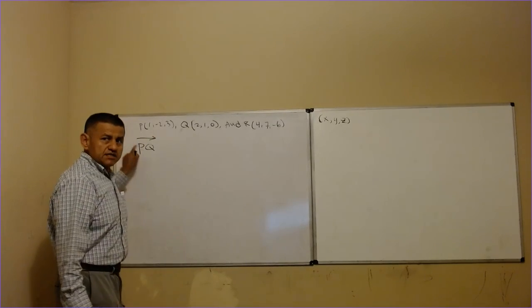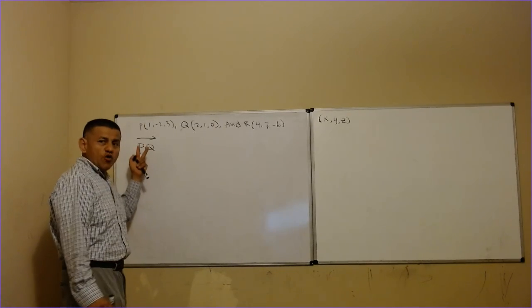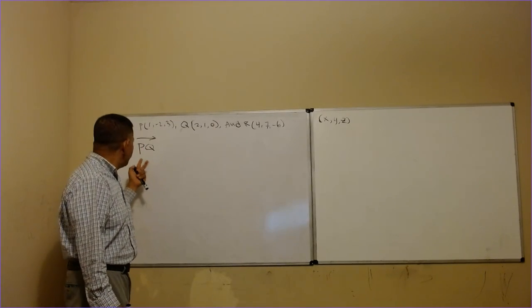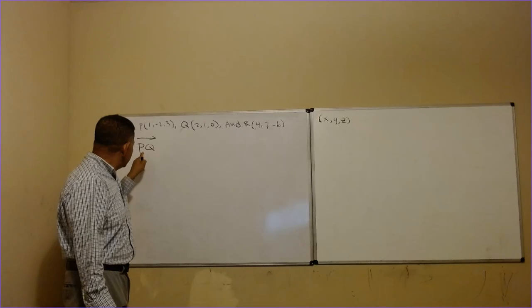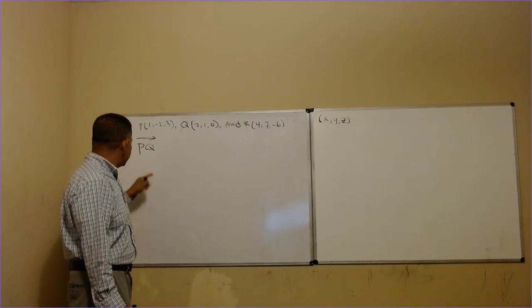That arrow means that it's a vector. It's going to be a component vector between those two points, right?